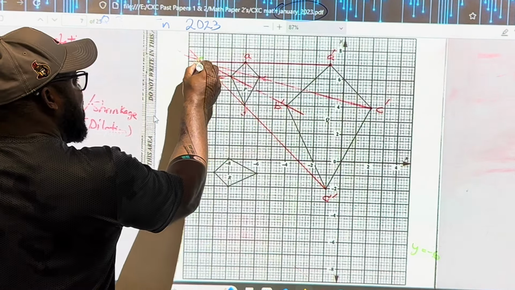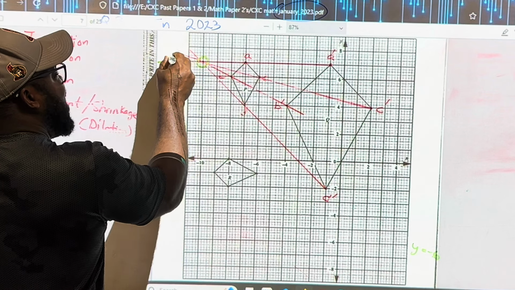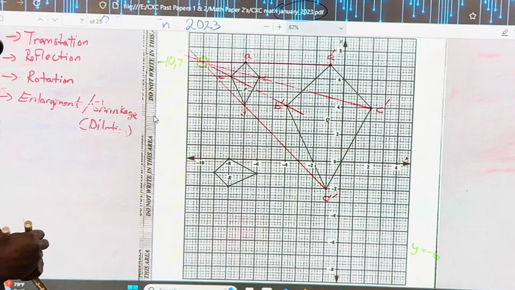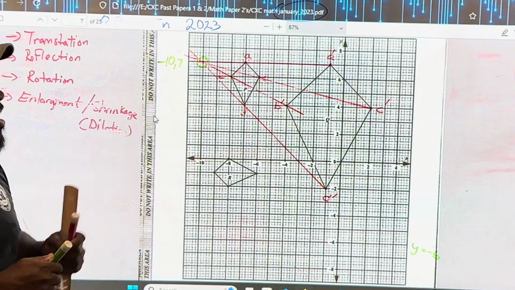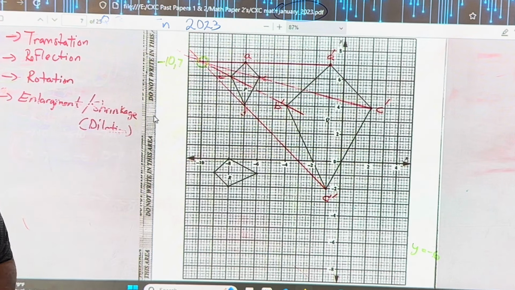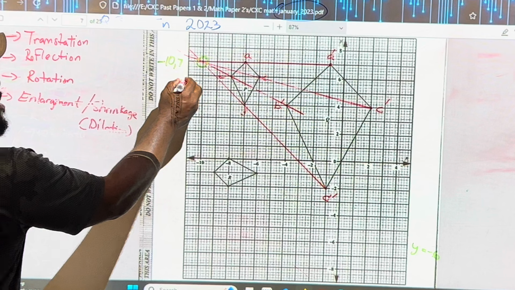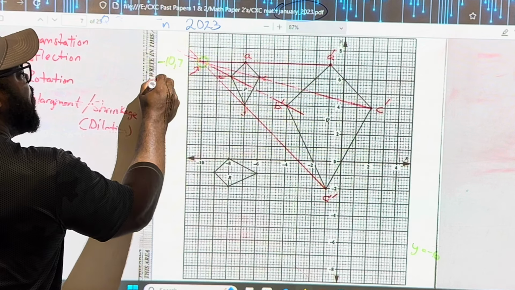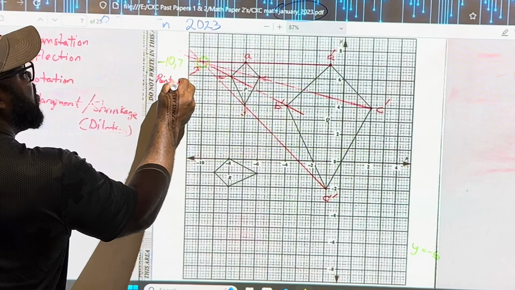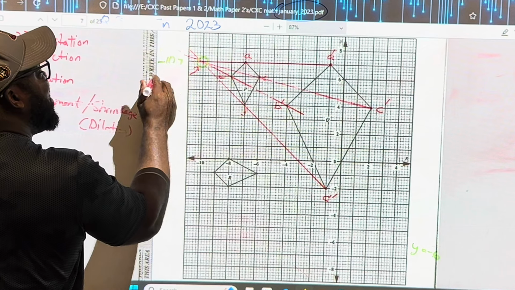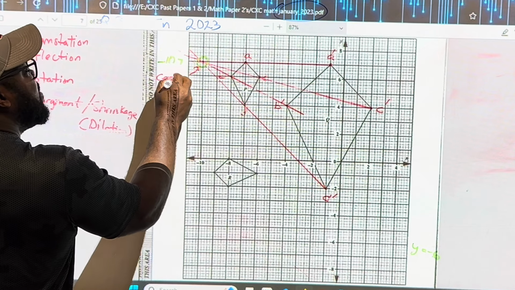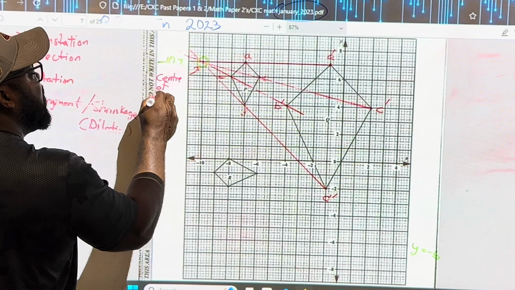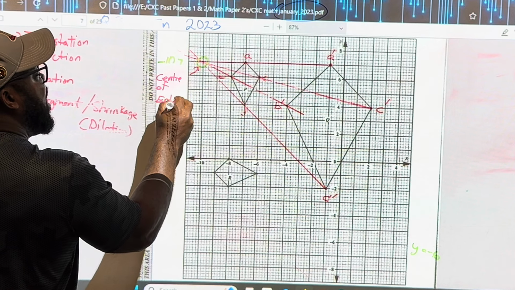Negative 10, 7. That is now considered the point of enlargement. This is the point or center of enlargement, sorry. Center of enlargement.